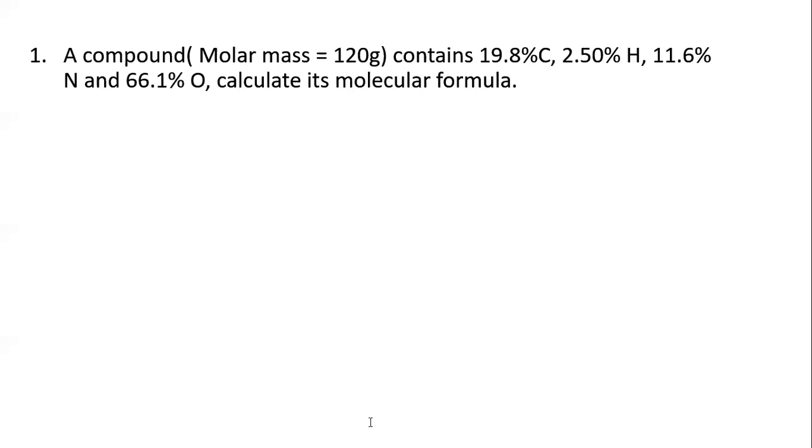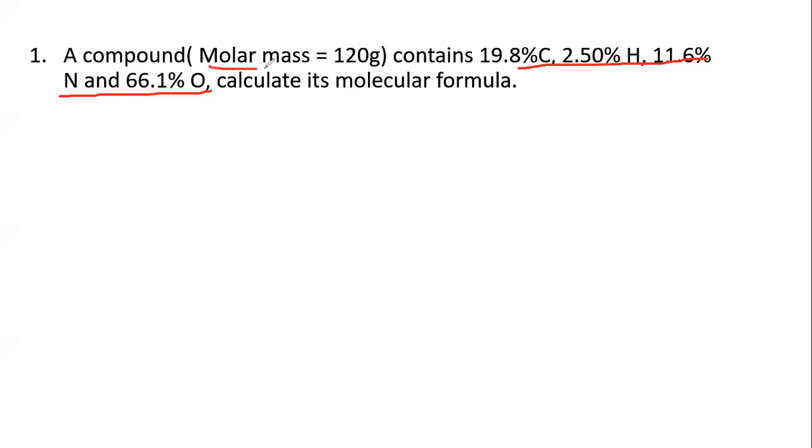One thing to note is that the order in which the elements are written in the problem is the order you have to write the formula. Since it's given us carbon, hydrogen, nitrogen, and oxygen, when we write the formula, we're going to write carbon, hydrogen, nitrogen, and oxygen. So now let's get started and determine the molecular formula of this compound.